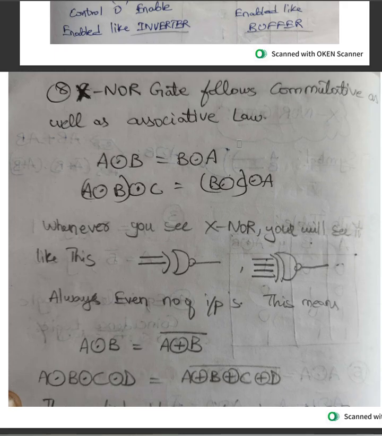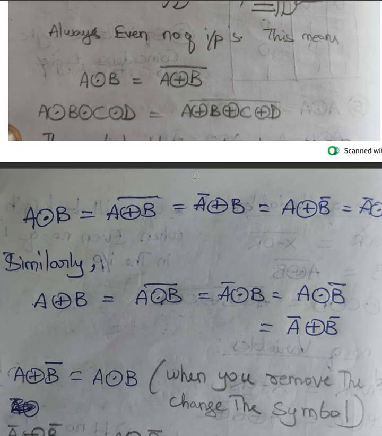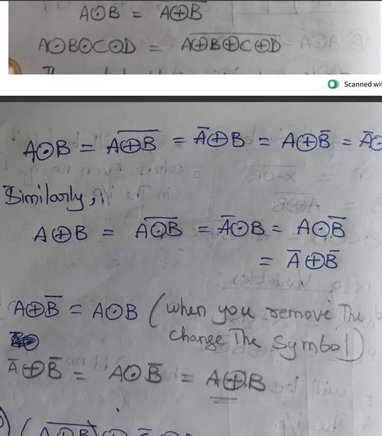And XNOR gate follows commutative and associative law as well, and even XOR follows commutative law and associative law. But there is a small thing you have to take note of: you can convert XOR gate into XNOR gate simply by putting a bar here.